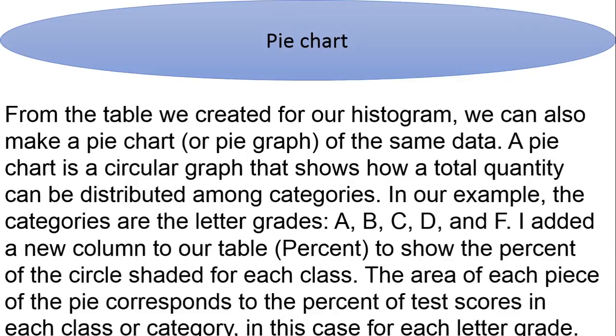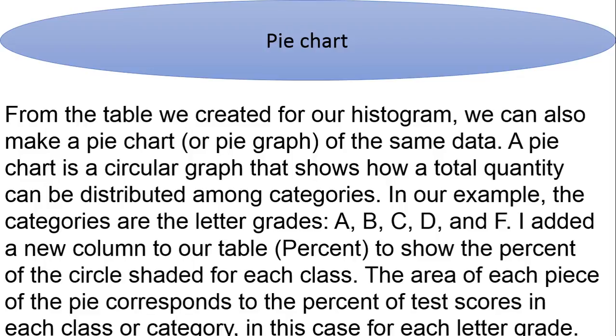From the table we created for our histogram, we can also make a pie chart, or pie graph, of the same sample. The pie chart is a circular graph that shows how a total quantity can be distributed among categories.